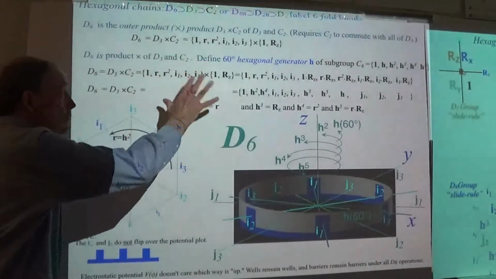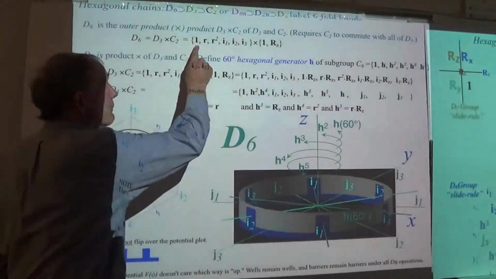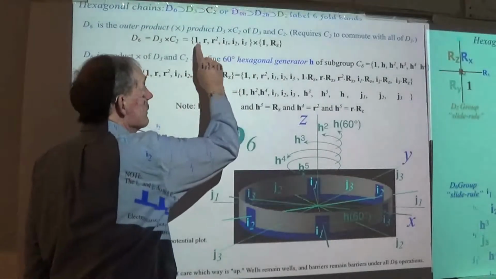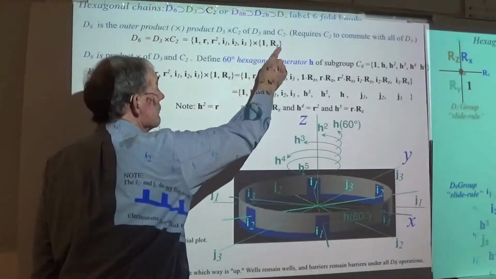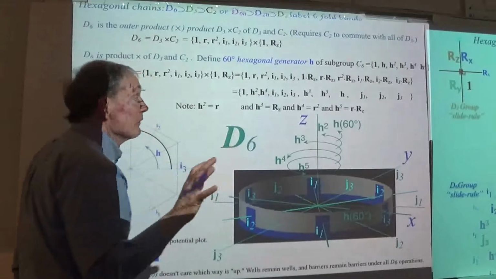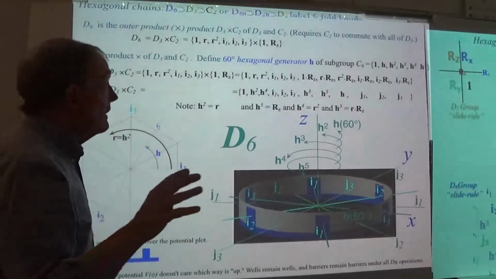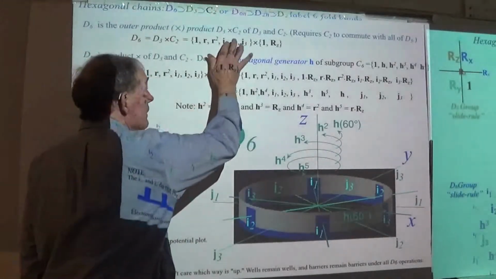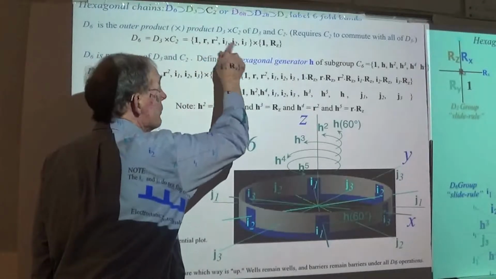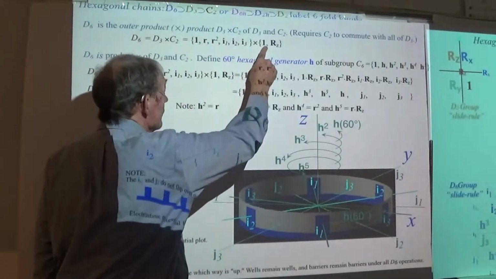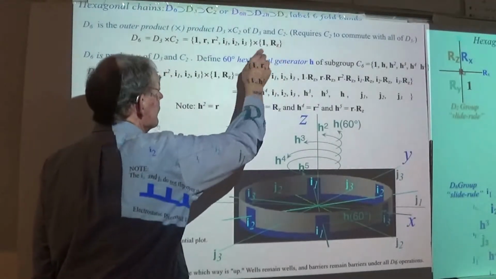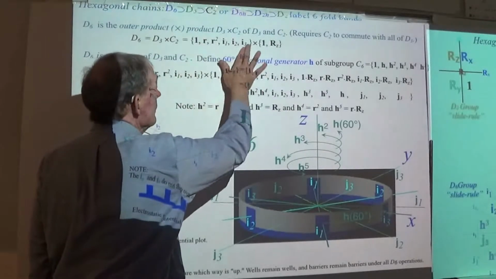Now you can only do an outer product if every one of the elements in here commutes with every one of the elements in here. Sound familiar for a local global business, right? There has to be that criterion that these don't have to commute with each other, neither do these, but they do in this case. Every one of these has to commute with these.